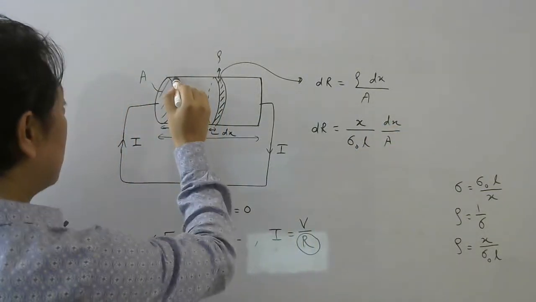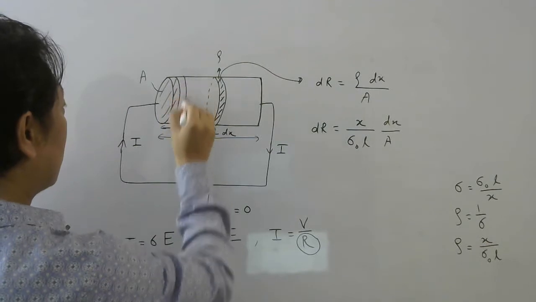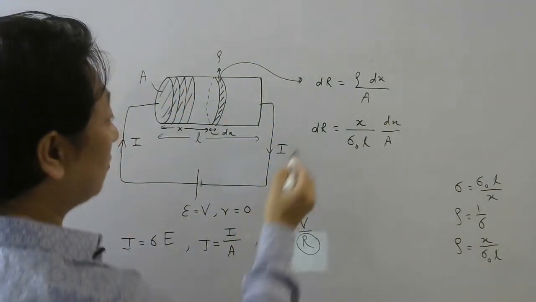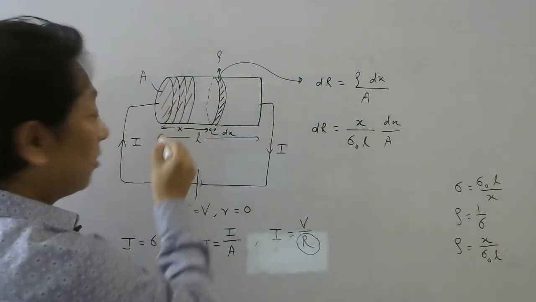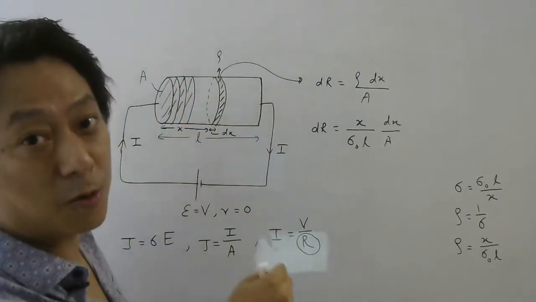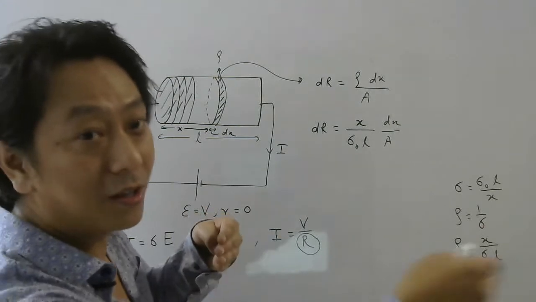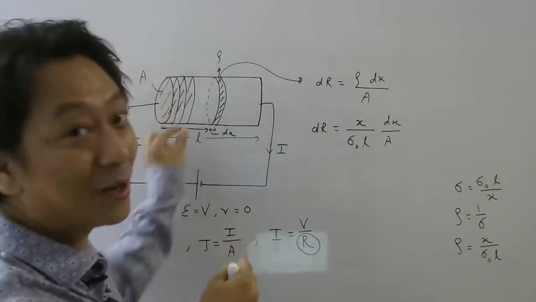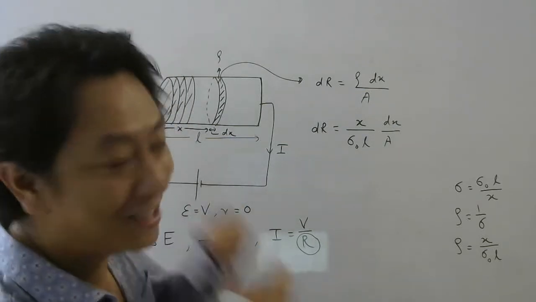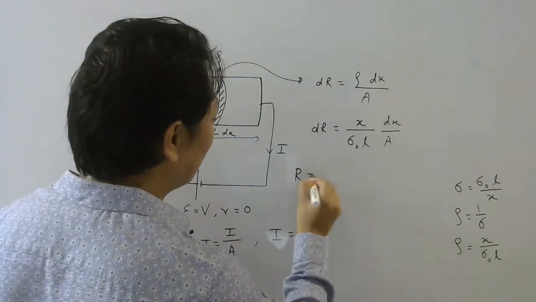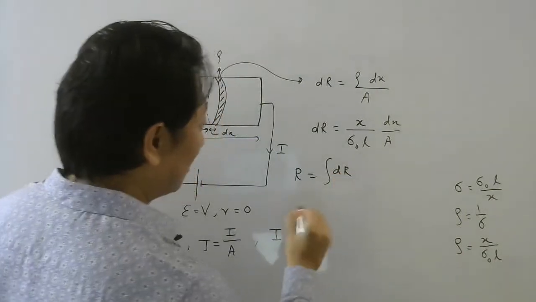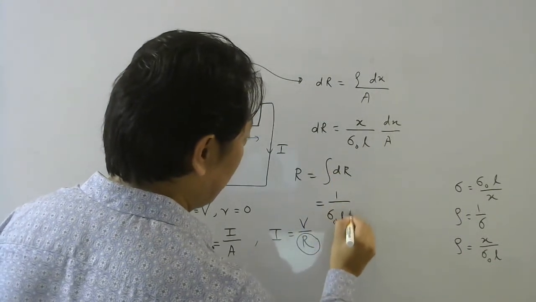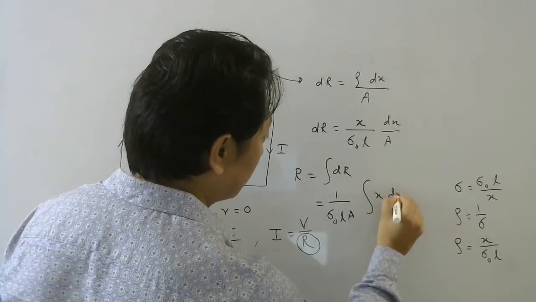Now if you consider all these sections, this one, this one, this one, all of them are in series. So if this dR is the resistance of one of them, the total resistance will be just the summation of all the individual resistances. Why? Because all these individual sections are in series. So the total resistance will be the integral of dR. Then we can take the constants outside, sigma naught L A, and integrate x dx.